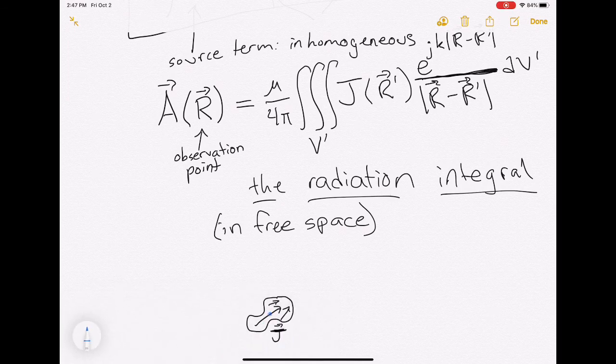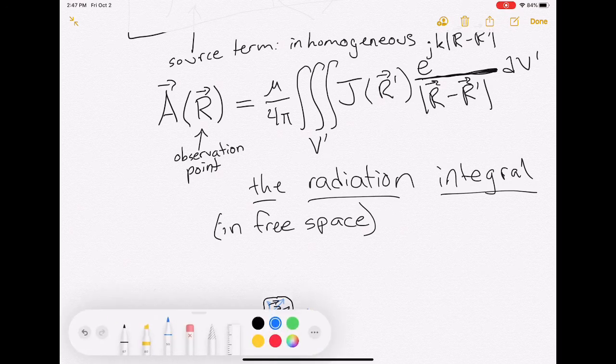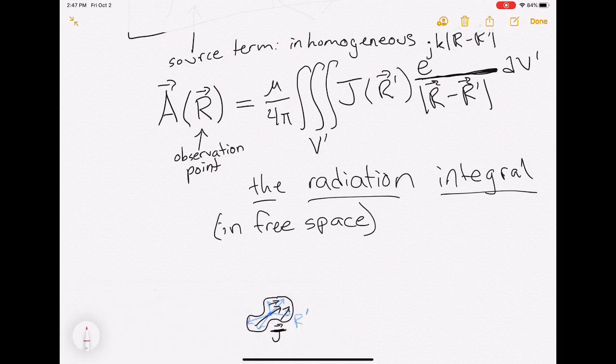R prime ranges over just this region that contains the source currents, while R is an observation point somewhere else.